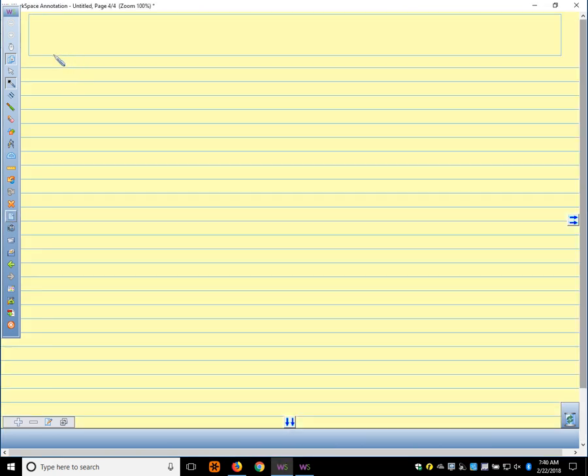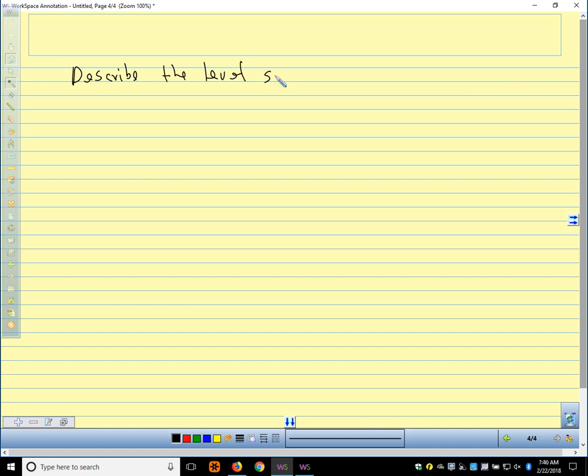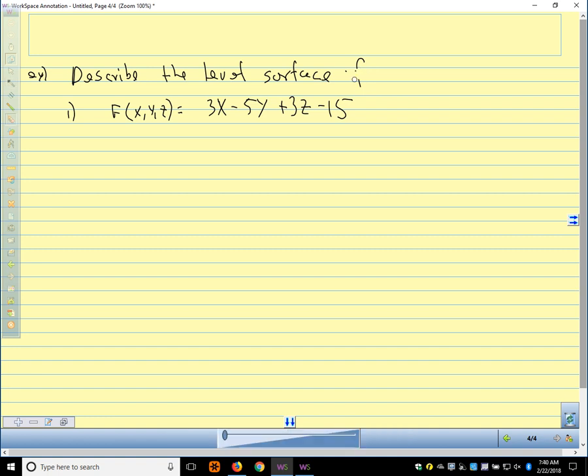All right, we want to describe the level surface. First one, f of x, y, z equals 3x minus 5y plus 3z minus 15. Describe the level surface f of x, y, z equals 0.